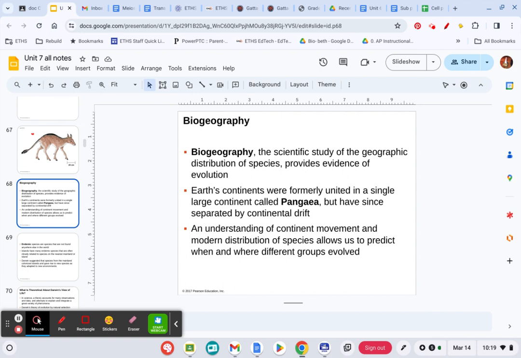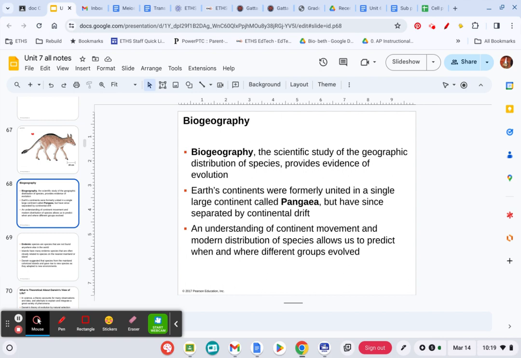So at one point, we know that there was just one landmass, but it was humongous. It was called Pangaea. So Pangaea was this supercontinent that was made up of all the other continents that we have today. And over time, the movement of these tectonic plates has caused the continents to break off from each other and drift apart.